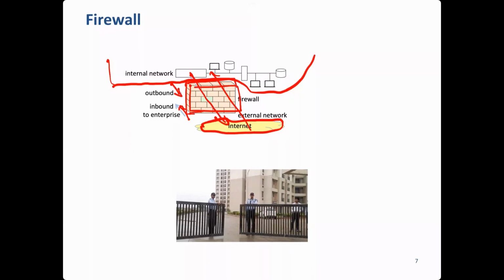It's like this in any apartment complex. You have a firewall here, which is nothing but security guards. So if you are going inside, they will stop you, they will look at you, and then they may allow or may not allow depending on the credentials that you have.